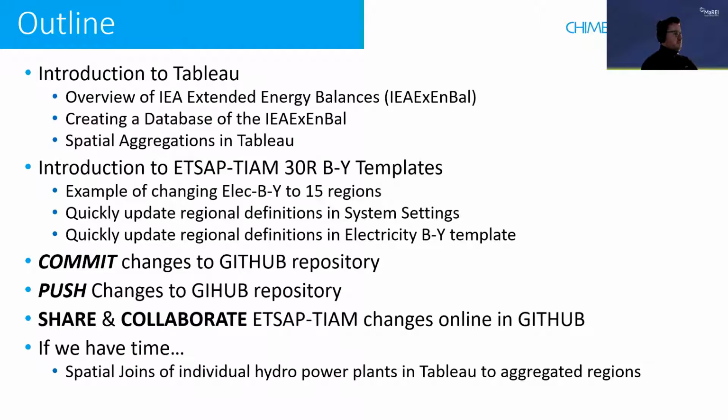And I know in the description of this webinar, I said I'd make the regions larger, but just because it'd be useful for me to do it, I'm just going to make them smaller, so bring it to 15 regions rather than 30 regions. How we do that is going to quickly update the system settings file for the regional definitions, and also update the base year templates.